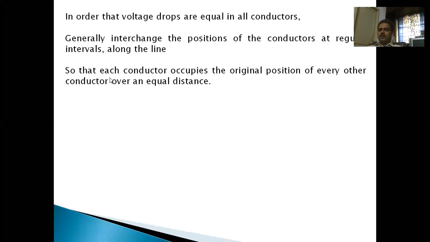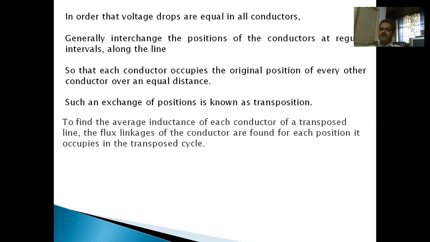So that each conductor occupies the original position of every other conductor over equal distances. Conductor A takes all three positions, conductor B takes all three positions, conductor C takes all three positions. Therefore, the inductance due to all three phases will be the same if we take transposition.